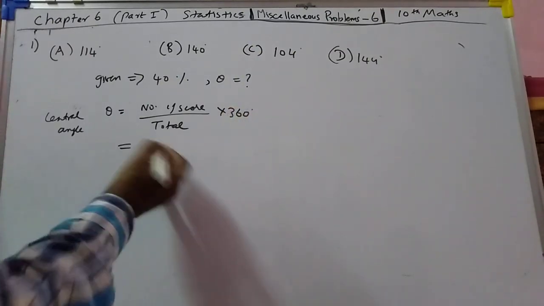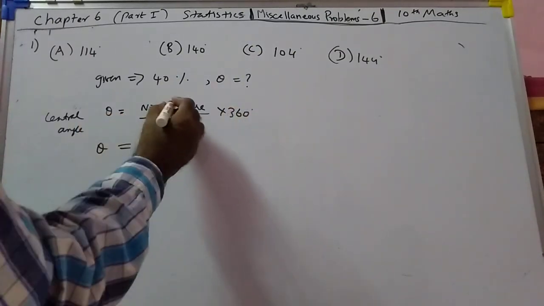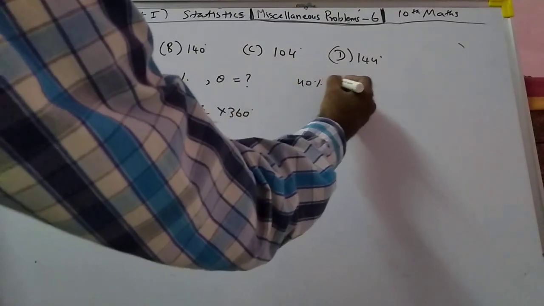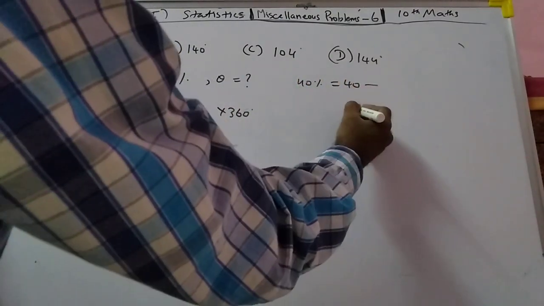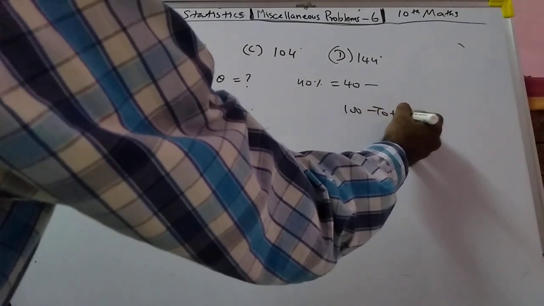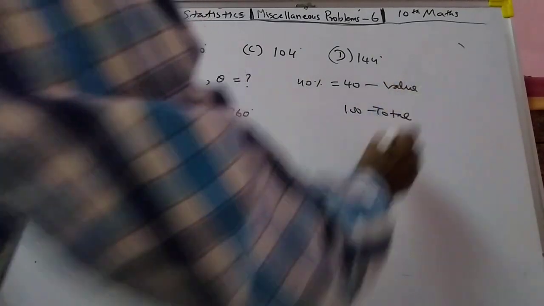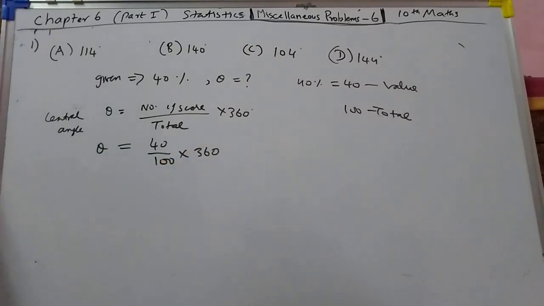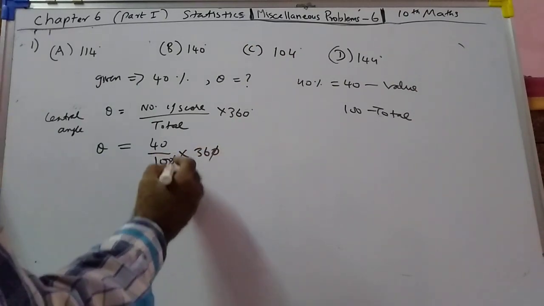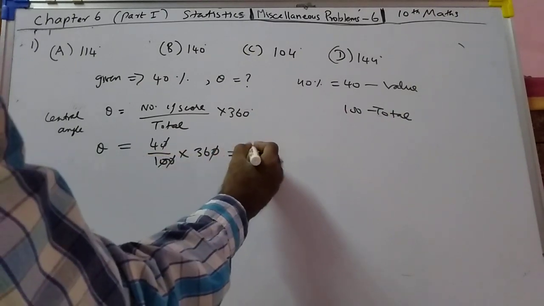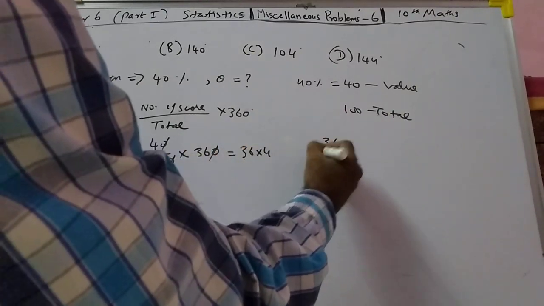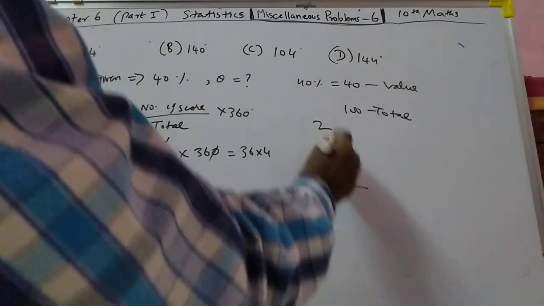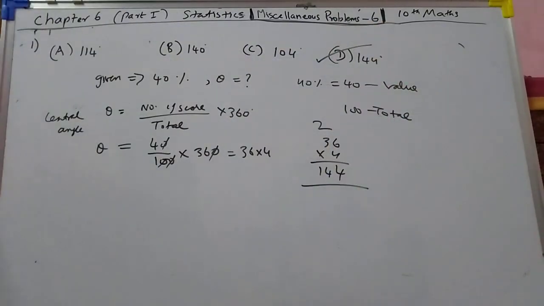So here theta is equal to 40, that is 40%, meaning 40 and 100 is total. So 40 upon 100 into 360. Find it. I think option D.